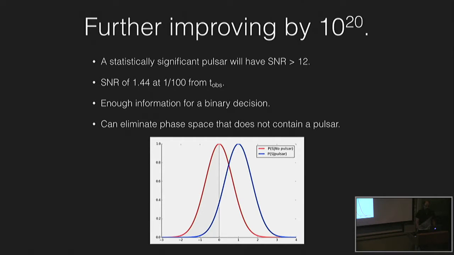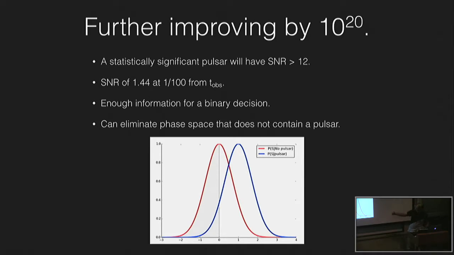Now, if you just say SNR of 12, what does it mean for a chunk which is 1% of the observation time? It means a signal-to-noise ratio of 1.4. Now, with signal-to-noise ratio of 1.4, you cannot make a positive detection by any means. Okay? But you can cross out negative options.